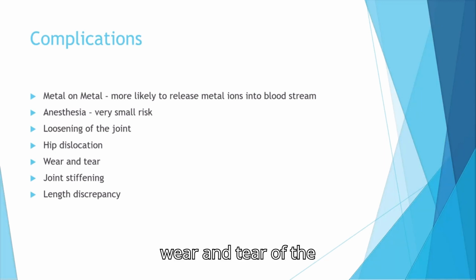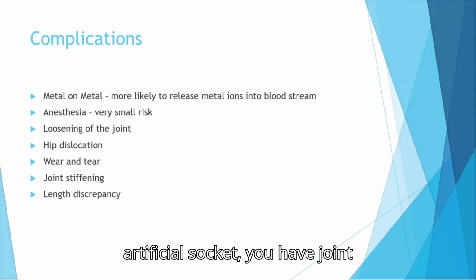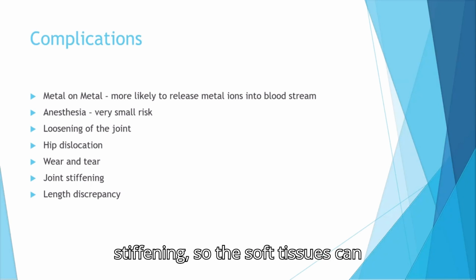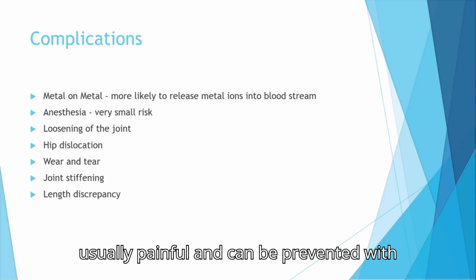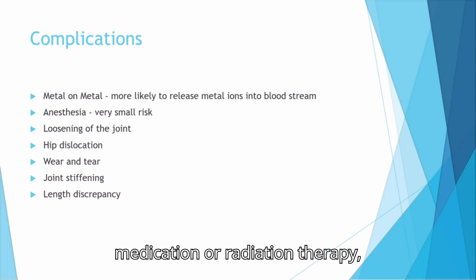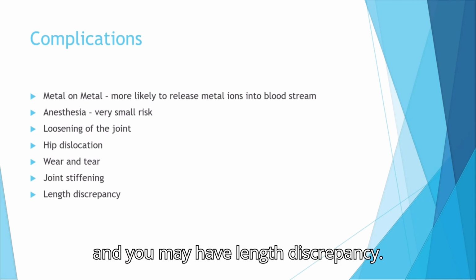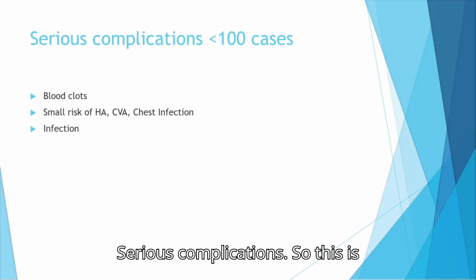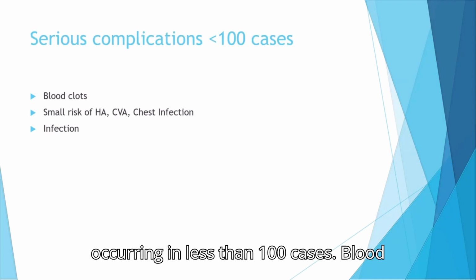Wear and tear of the artificial socket, you have joint stiffening, so the soft tissues can harden around the implant, causing reduced mobility. It isn't usually painful and can be prevented with medication or radiation therapy, and you may have length discrepancy. Serious complications, so this is occurring in less than 100 cases.